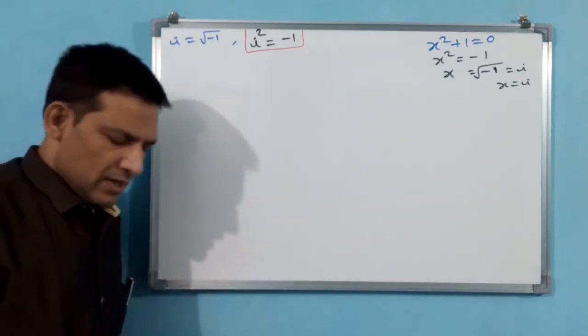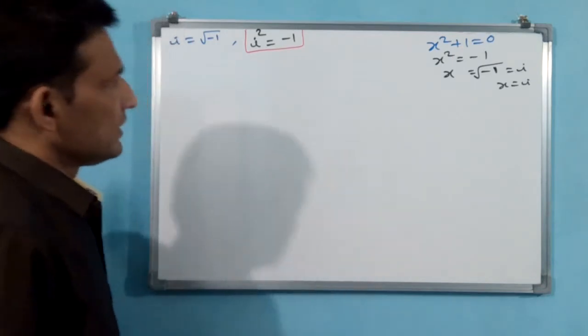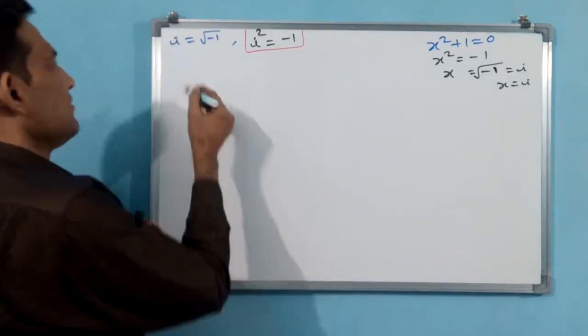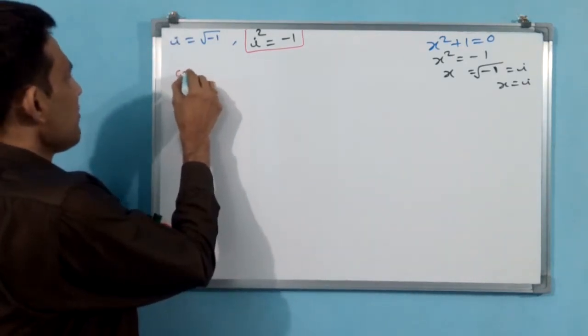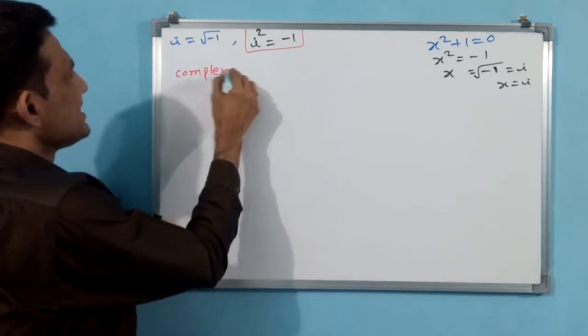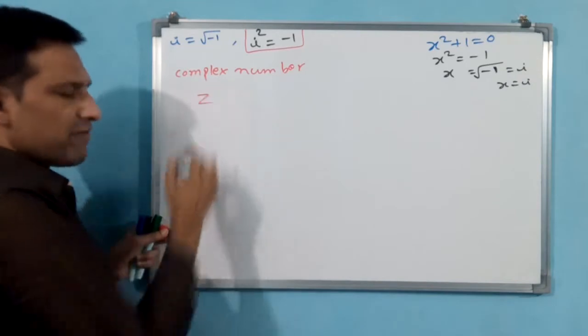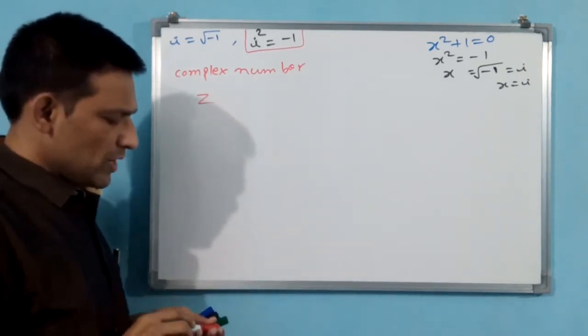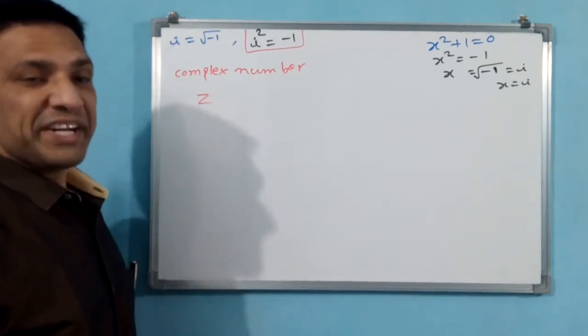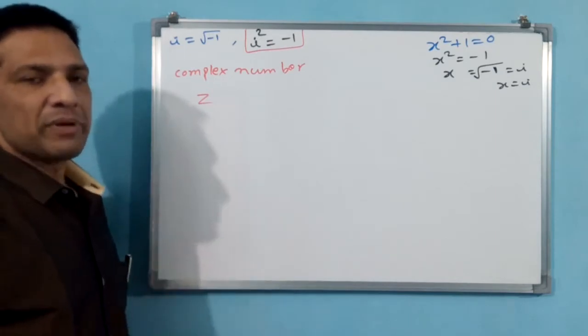Now we go to complex number. We will write what is complex number. Now say complex number, also I can represent in z form. You should not get confused about integer z and complex number z. Why?